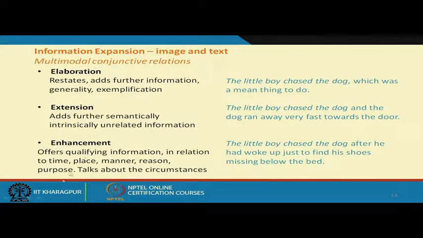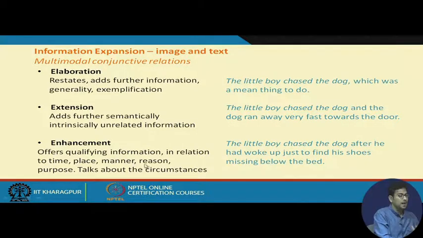Now that you know how they work and what is the phenomenon working behind, let us look at the third one, which is enhancement, the one which offers qualifying information. There is qualifying information in relation to time, place, manner, reason, purpose. So, it basically talks about circumstances. Let us look at the same example again.